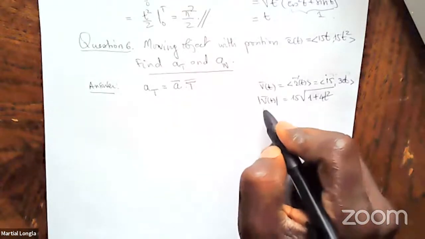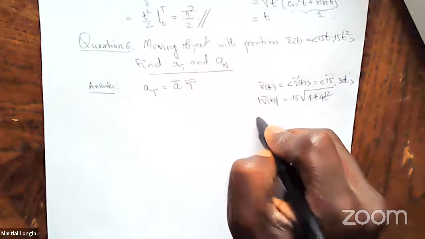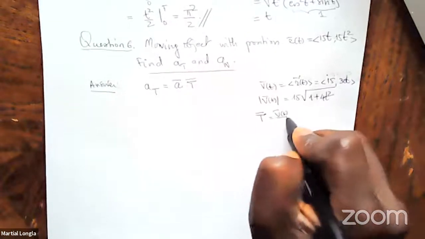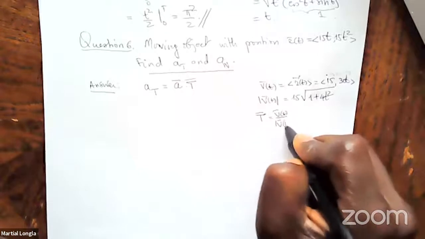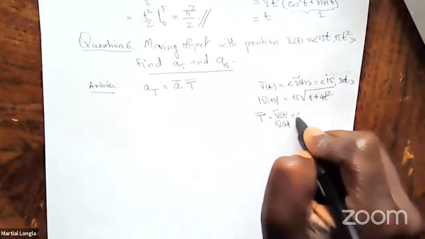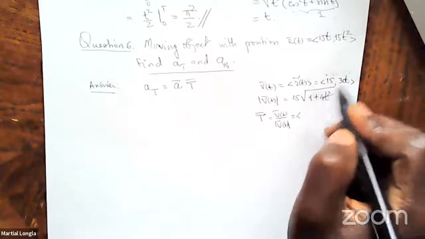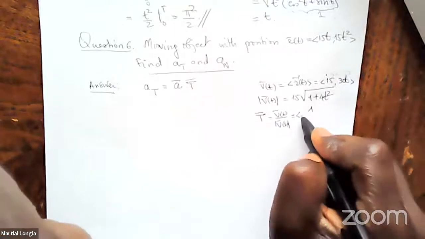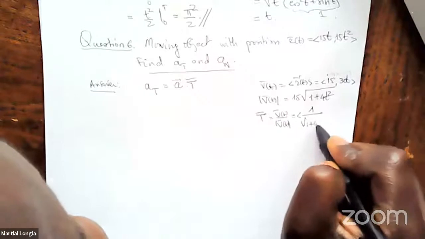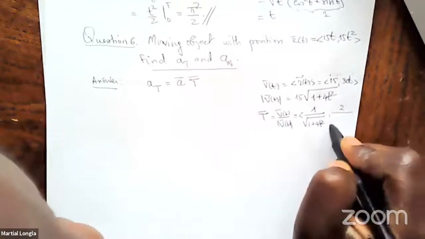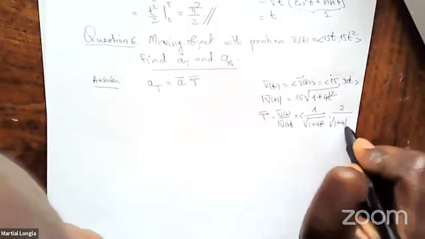And so we have T equals v of t over magnitude of v of t. And that is this factor over that, the 15 cancel. So that's 1 over root 1 plus 4t squared, 2 over root 1 plus 4t squared.